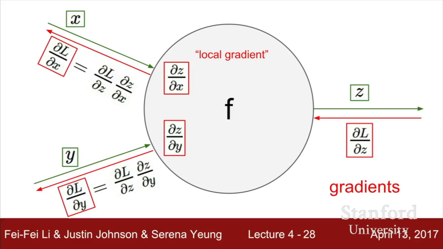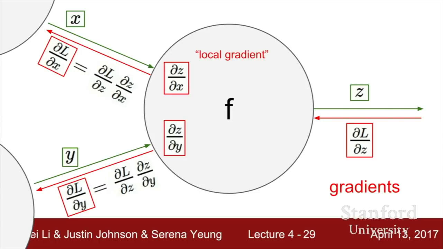Okay, so now the gradient of L with respect to Y, we have exactly the same idea, where again we use the chain rule. We have gradient of L with respect to Z times the gradient of Z with respect to Y, right? We multiply these together, and get our gradient. And then once we have these, we'll pass these on to the node directly before, connected to this node.